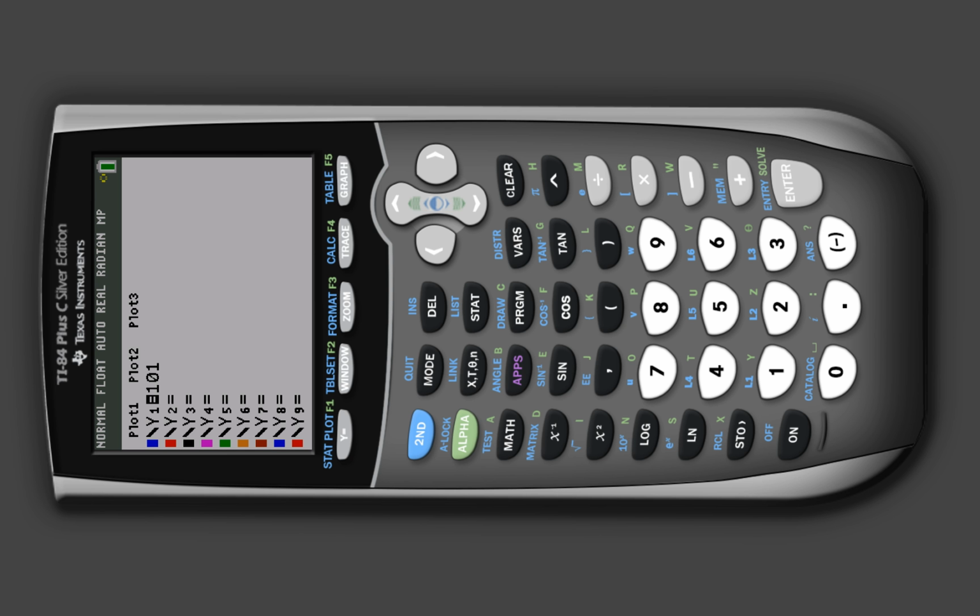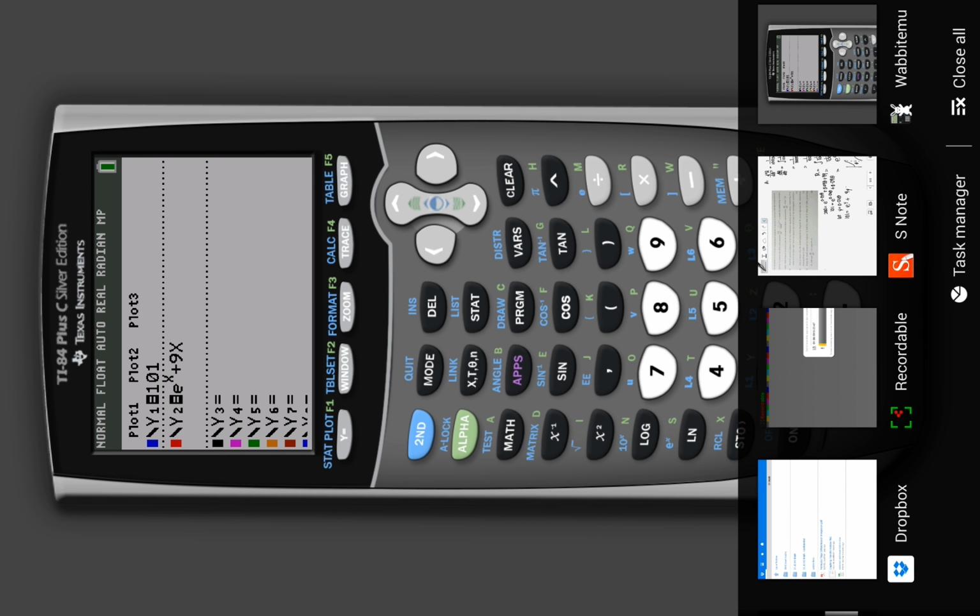Then on the other side I will put e^x plus 9x. I hope I got it right. Okay, then I would graph it.